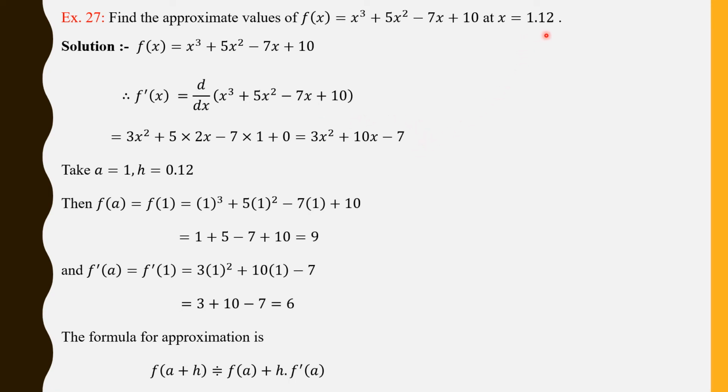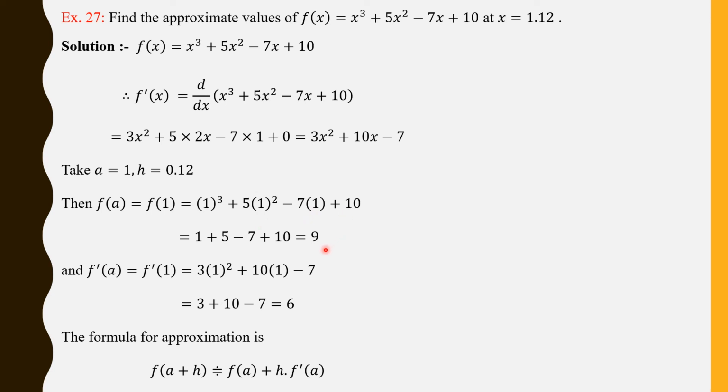The number 1.12 is written as 1 + 0.12. Take a = 1, h = 0.12. The value of the function at the point is f(a) = f(1). Here is f(x). Put x = 1, we get 1³ + 5 into 1² - 7 into 1 + 10. 1³ is 1, 1² is 1, 1 into 5 is 5, minus 7 into 1 is 7, plus 10.